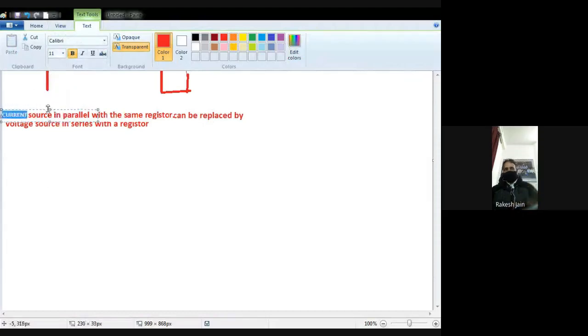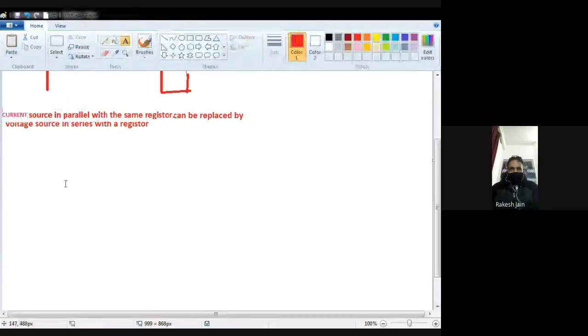So a current source in parallel with a resistor can be replaced by a voltage source in series with the same resistor.